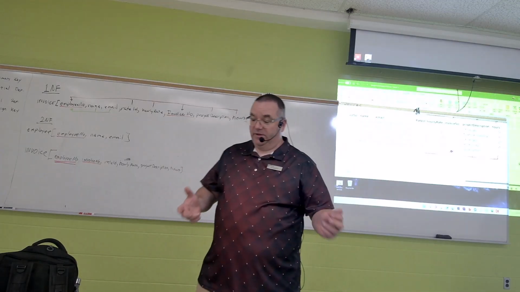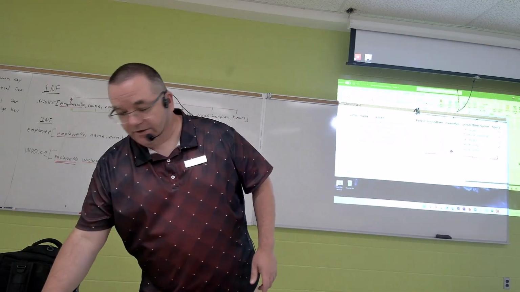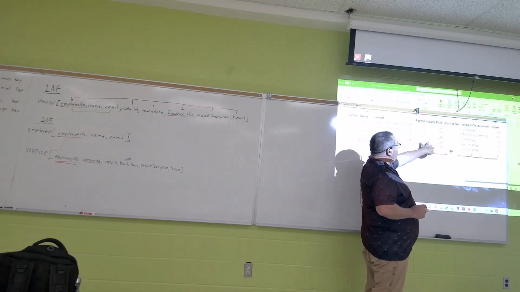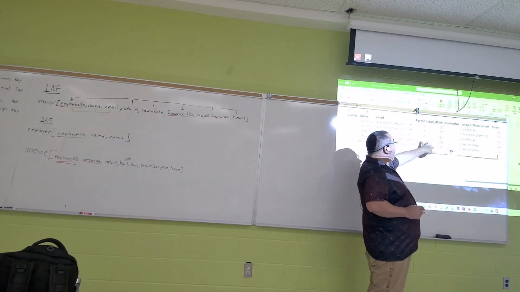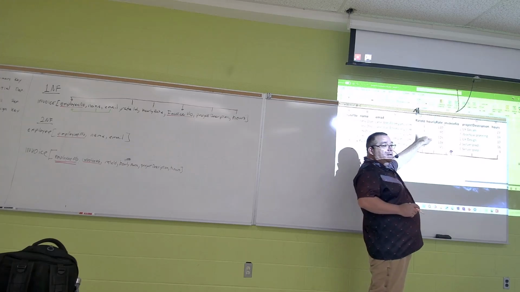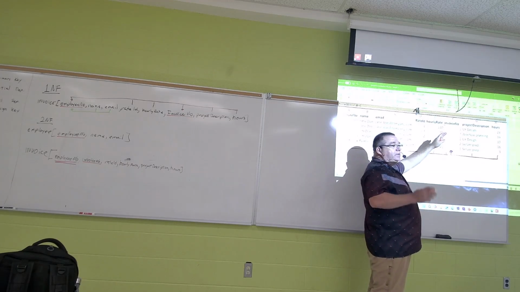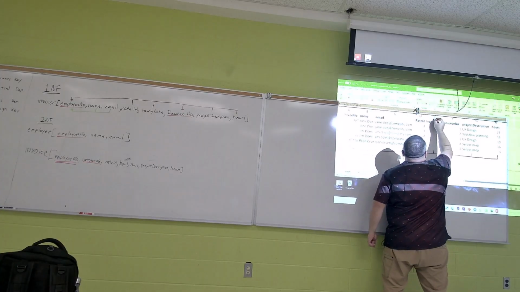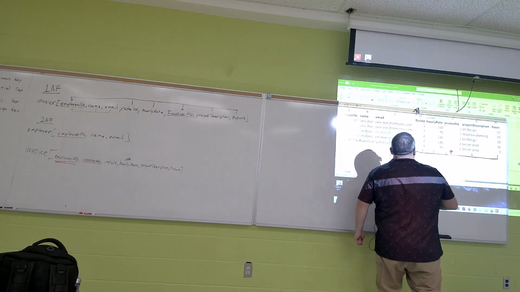Now, the next anomaly we need to identify, and I'll come back over here, is our hourly rate is dependent on the rate ID. But the rate ID is not part of the primary key. Therefore, this is a transitive dependency. This depends on this.